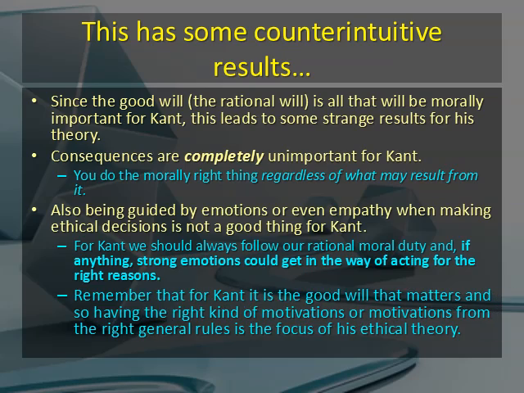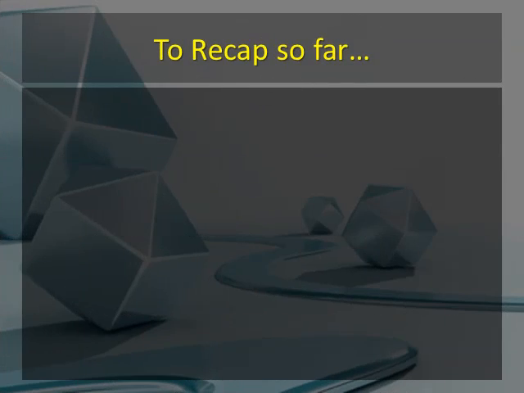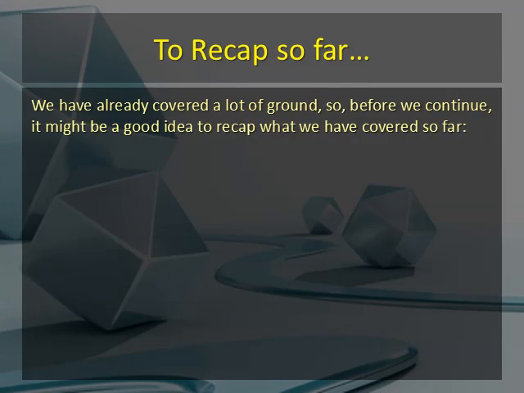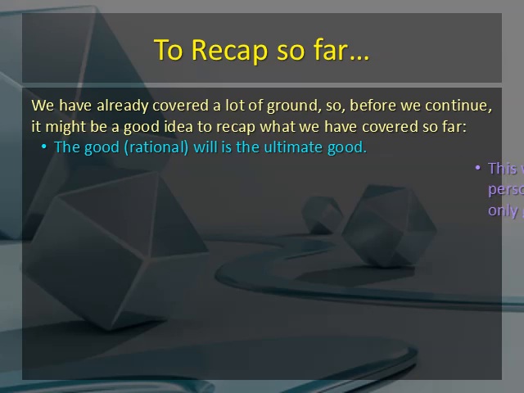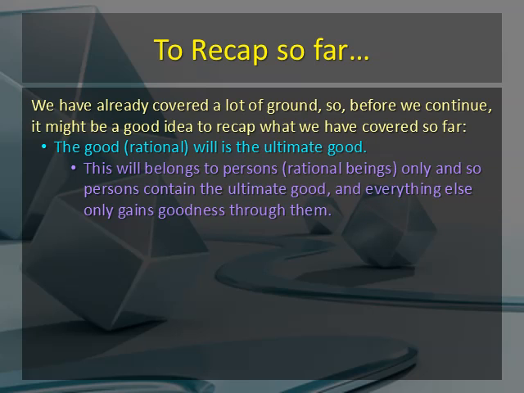We've already covered a lot of ground so far, so before we continue, it might be a good idea to recap what we have covered. The good, rational will, is the ultimate good. This will belongs to persons, rational beings, only, and so persons contain the ultimate good, and everything else only gains goodness through them.